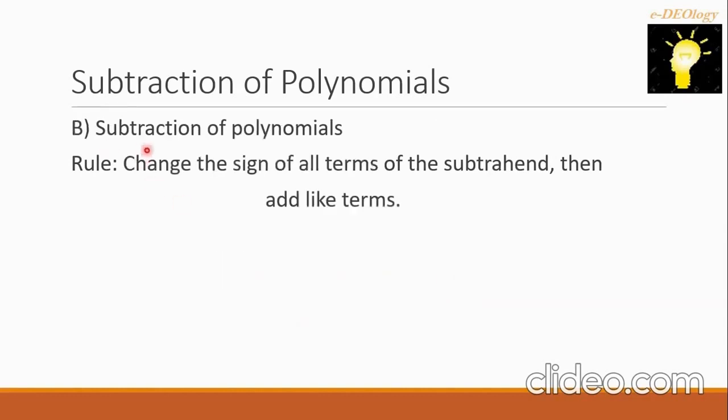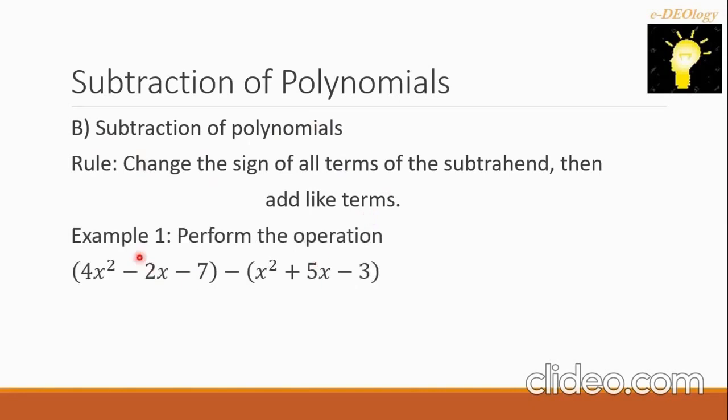Let's go now to subtraction of polynomials. The rule is we change the sign of all terms of the subtrahend, then add like terms. Let's see one example. Perform the operation.